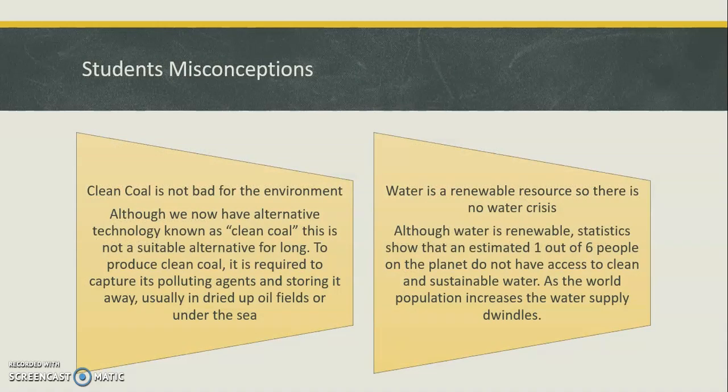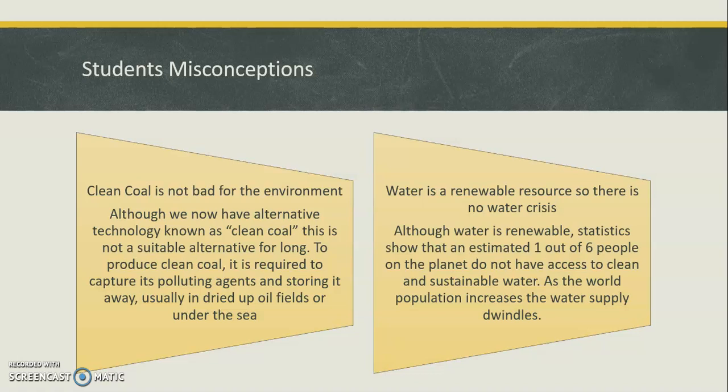Now, some student misconceptions when teaching about water conservation and renewable and non-renewable resources. The first misconception I'm going to talk about is that clean coal is not bad for the environment. Clean coal sounds great, and it is an alternative that we can use for regular coal. Students may think that this is only a positive thing because the word clean is in the name.